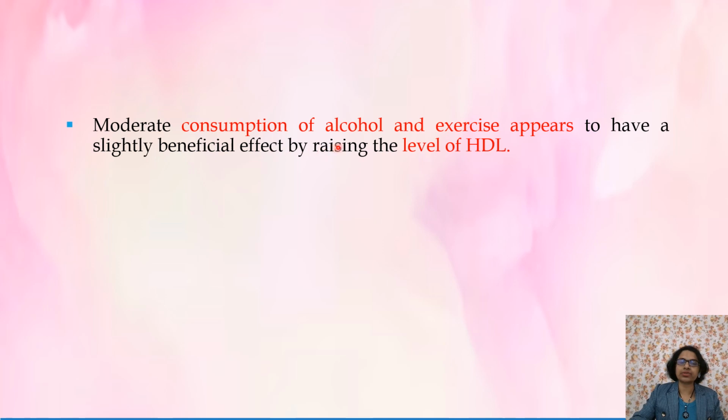Then moderate consumption of alcohol and exercise appear to have a slightly beneficial effect by raising the level of HDL. Sometimes the person may have a habit of alcohol consumption. They should try to reduce it and participate in exercise, which will be beneficial by raising the level of HDL.